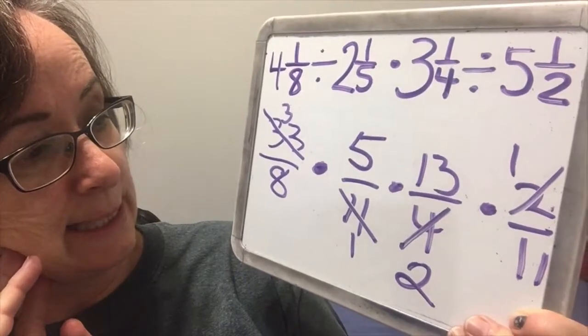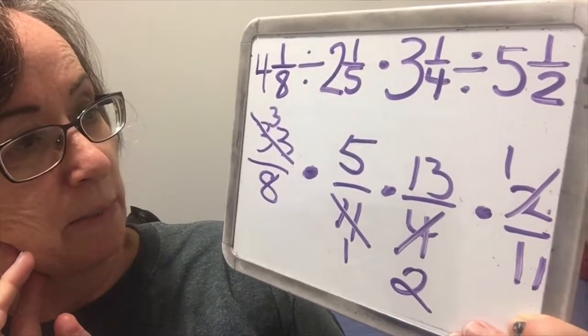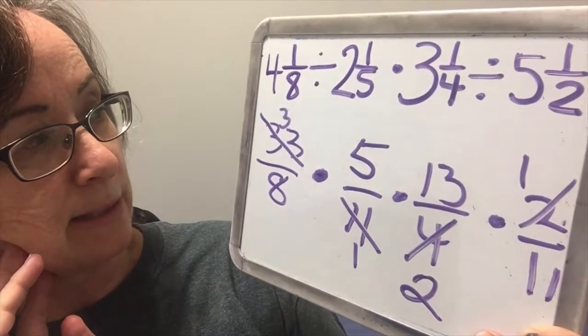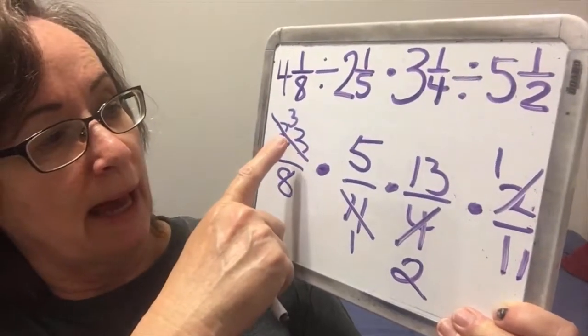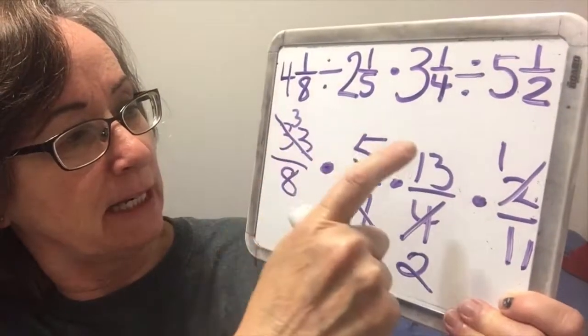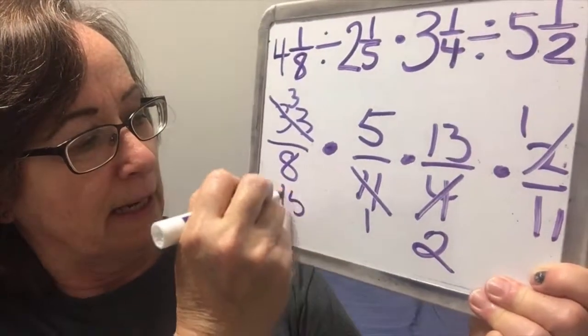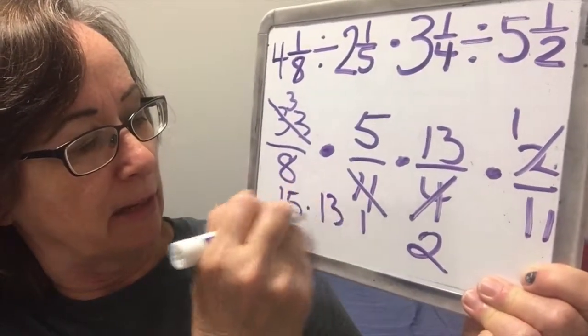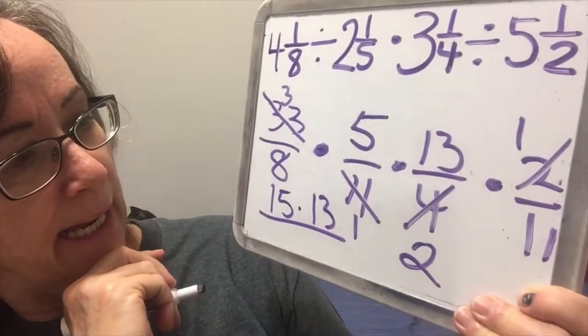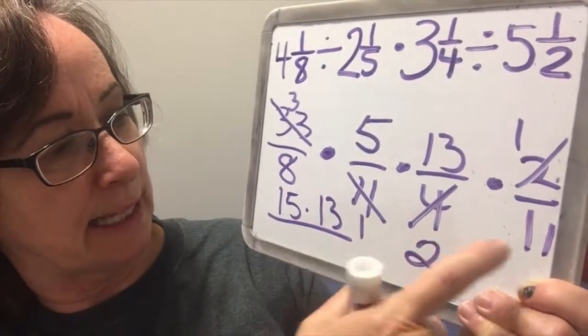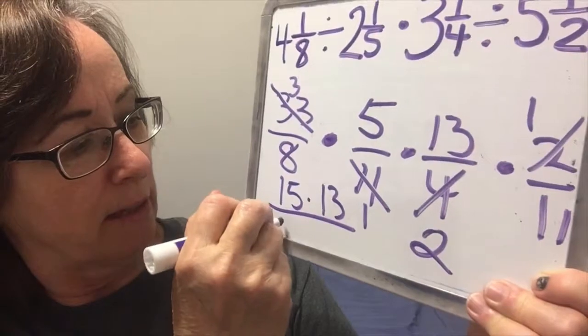So now let's see what this big number is going to be. Nothing else is going to cancel. So we have a 15 times a 13 on the top, and we have a 16 times 11 on the bottom.